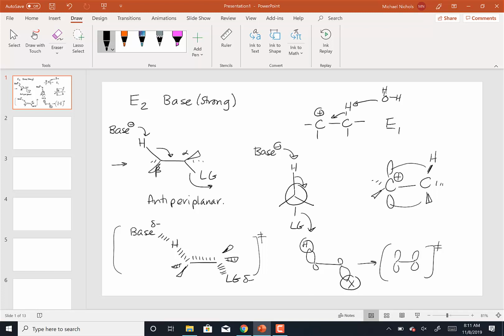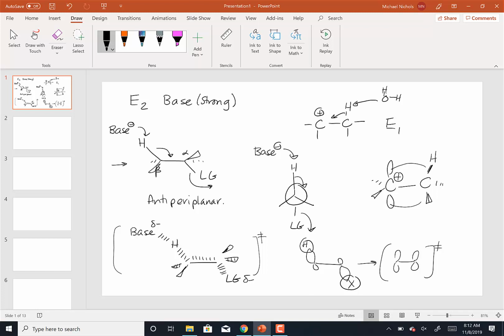So this has to be anti-periplanar from the standpoint of this pair of electrons overlapping over here. If the hydrogen isn't anti-periplanar, you'd have to bring it to be anti-periplanar and then have the reaction occur. So this gives you the smoothest and lowest energy path to the transition state.